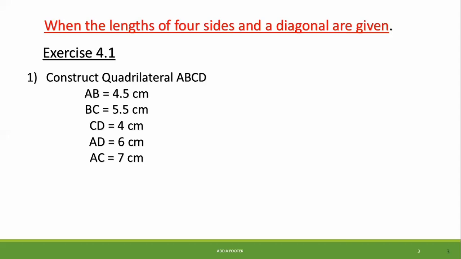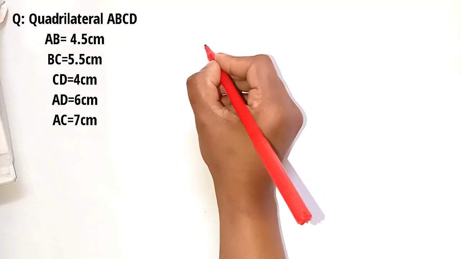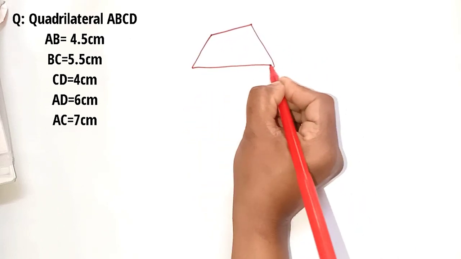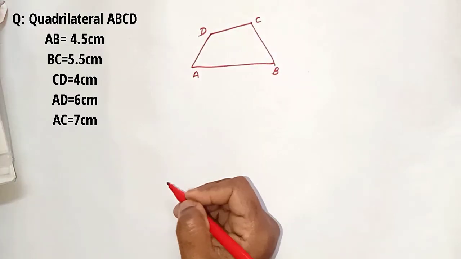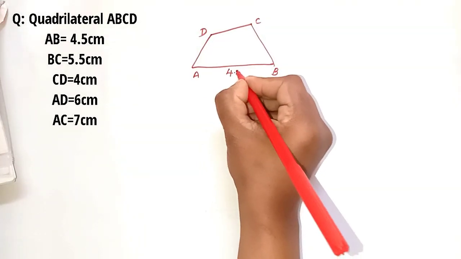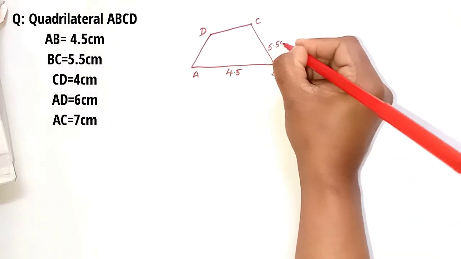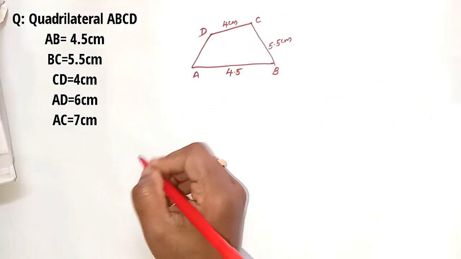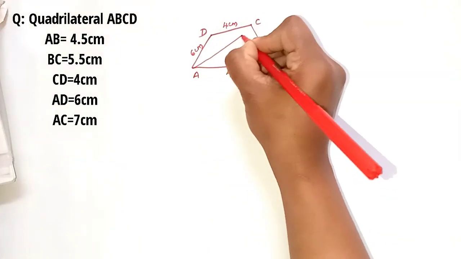Now we can see how to construct quadrilateral ABCD. First you have to draw the rough sketch. Quadrilateral ABCD, and AB is equal to 4.5 centimeter, BC is equal to 5.5 centimeter, CD is equal to 4 centimeter, AD is equal to 6 centimeter, AC is equal to 7 centimeter.